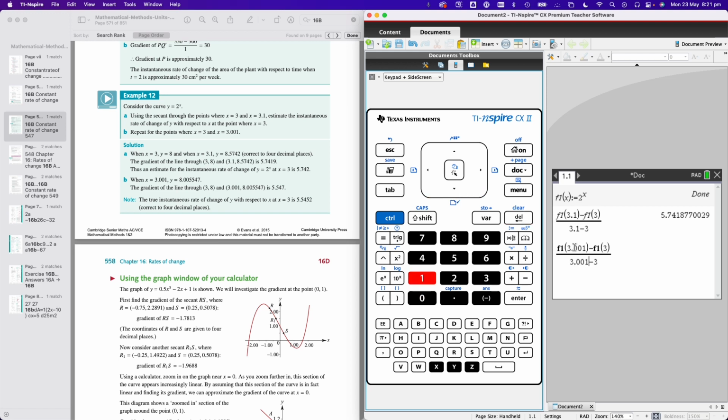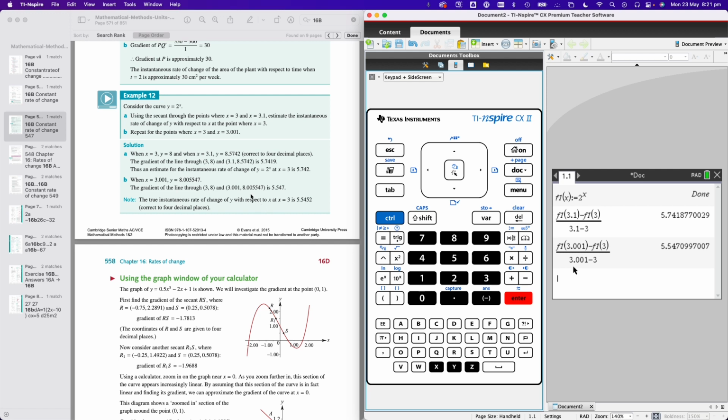So again, we've got f of b minus f of a over b minus a, and that gets us even closer, 5.547, the same as the answer in the textbook here. So we would say that's a probably better approximation of the instantaneous rate of change at x equals 3, because we've done it over a smaller interval.